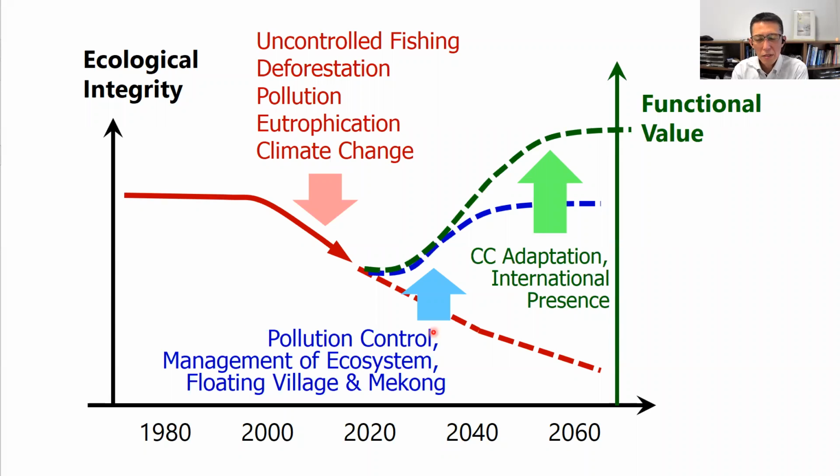If you understand ecosystems, we have concepts like ecosystem function and ecosystem service. So if we develop the wise use of the natural resources, I think it's possible. We think it's possible to raise the value of the lake higher than even the original state. This is a kind of future perspective.